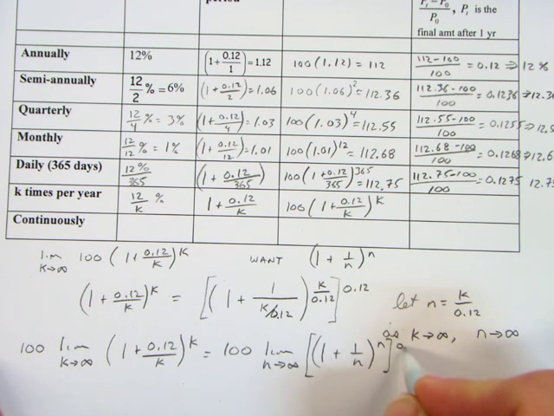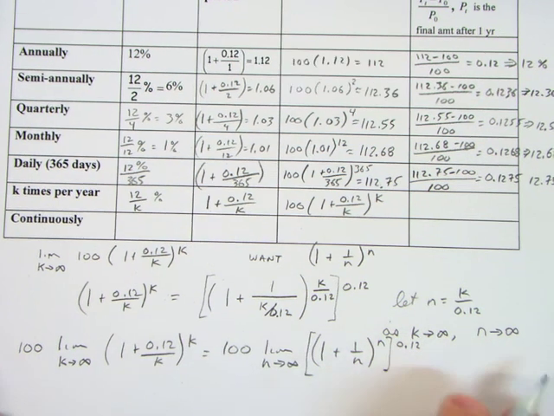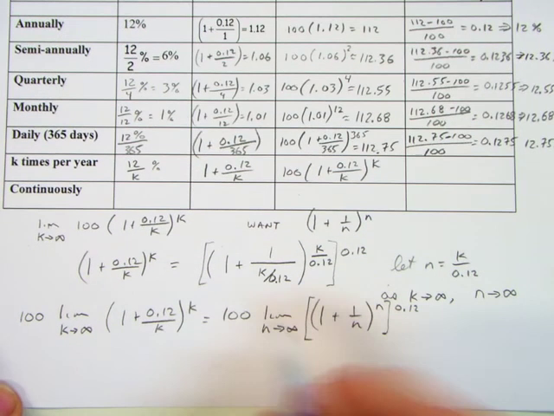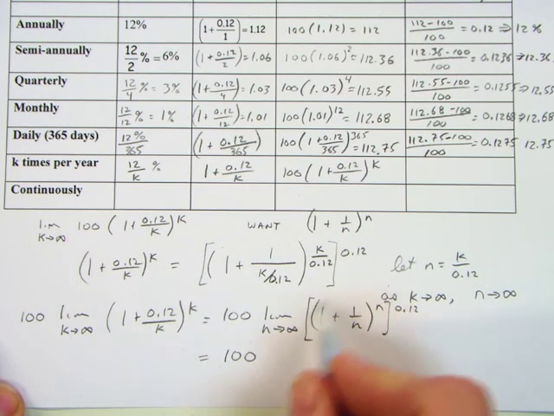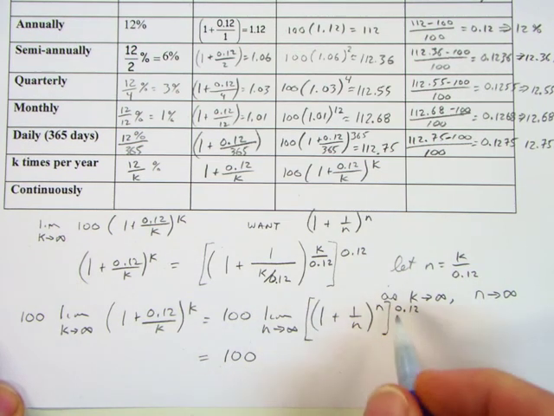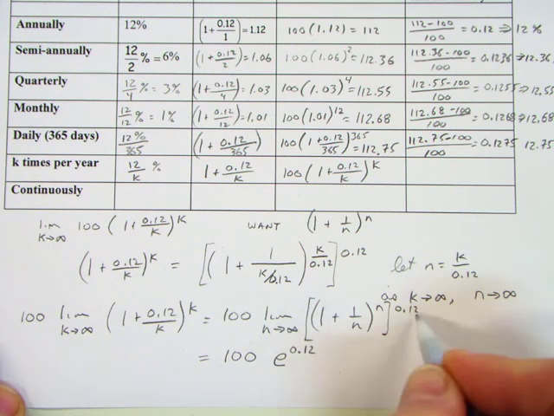Now this isn't such an easy thing to look at and figure out. But what happens here is this part is going to give us what we got in problem number 1. That is e. So it's e to the 1 raised to the 0.12, so it's just e to the 0.12.